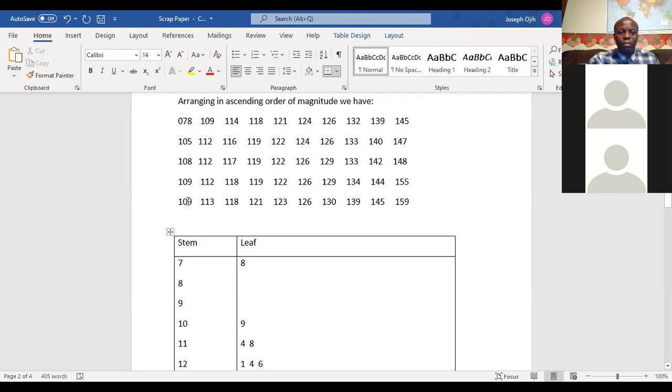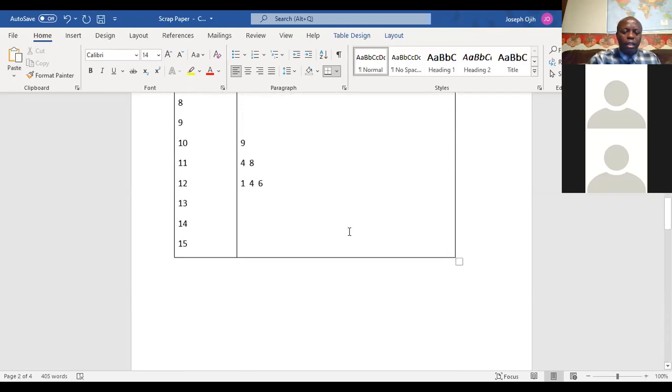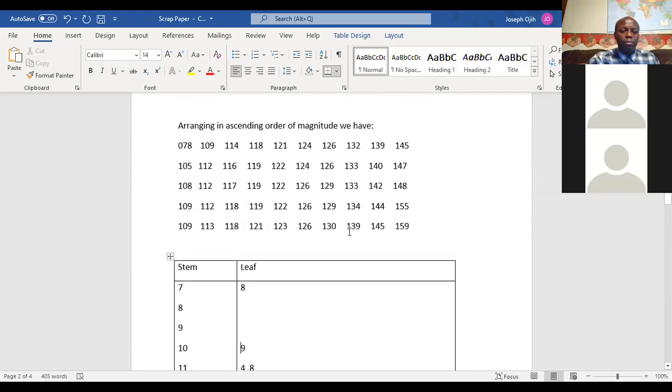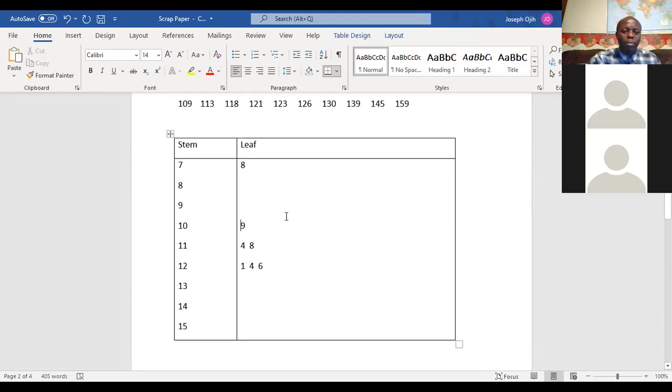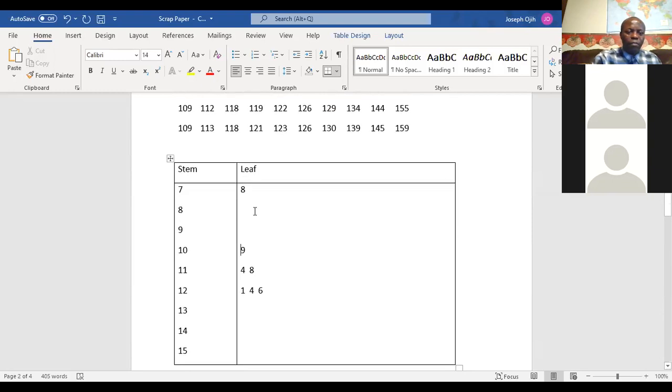Oh yeah, 105, 108. But the good thing is that because I put them in order already, I can just put them here. So 105 should be here. So you have 5.